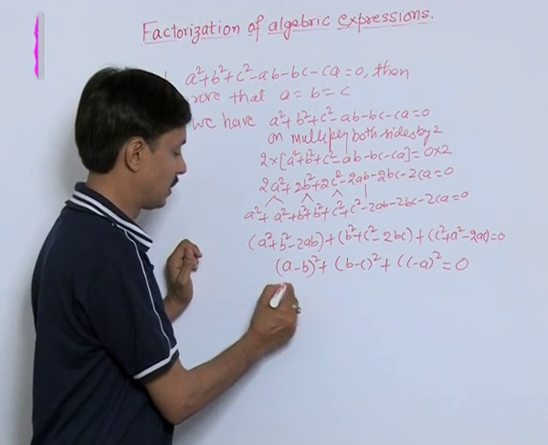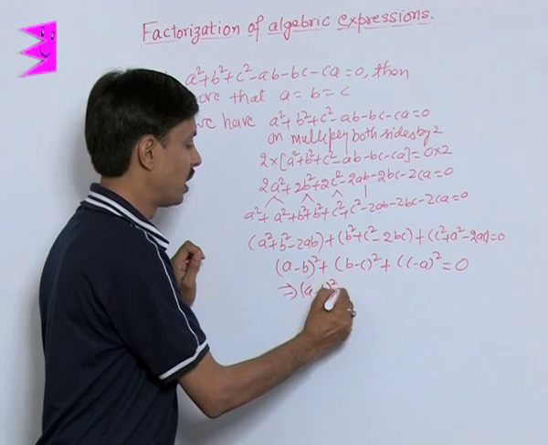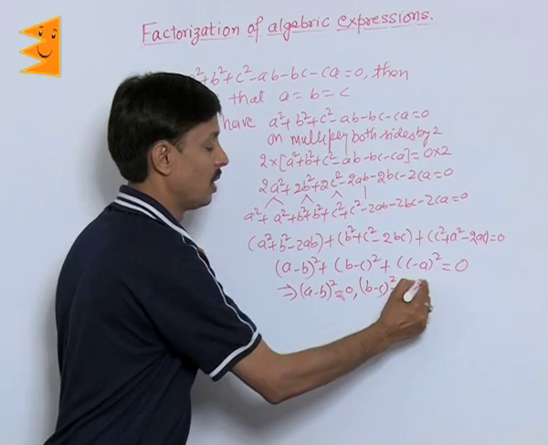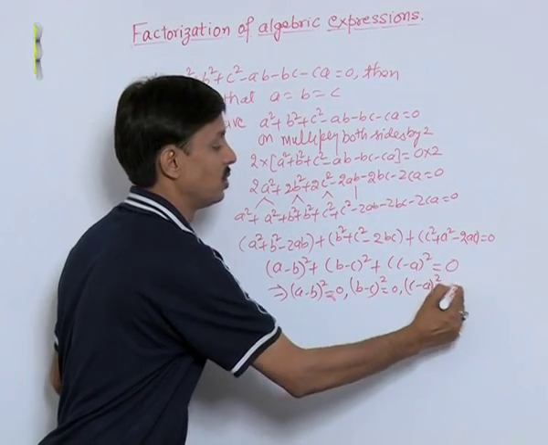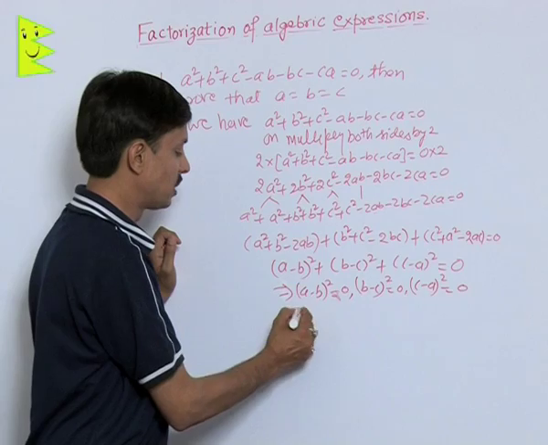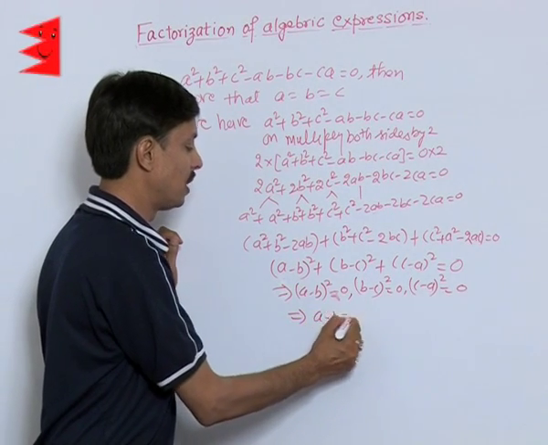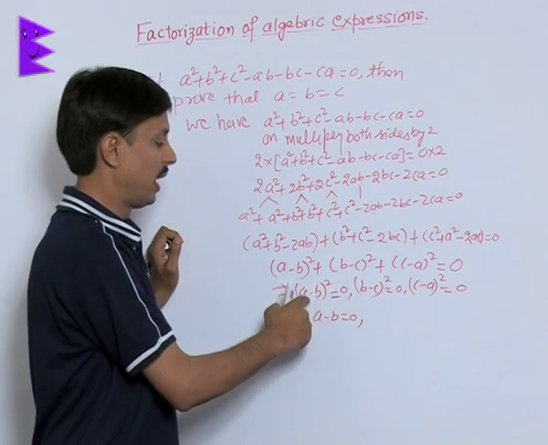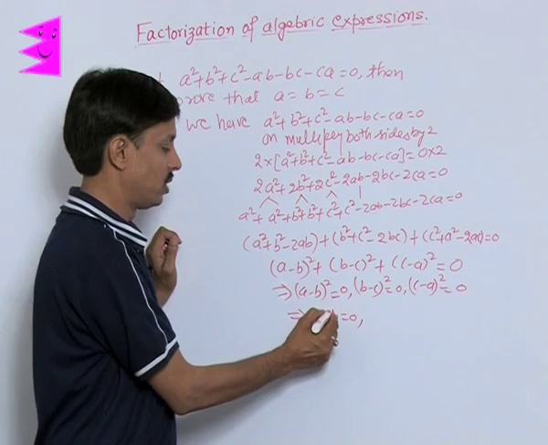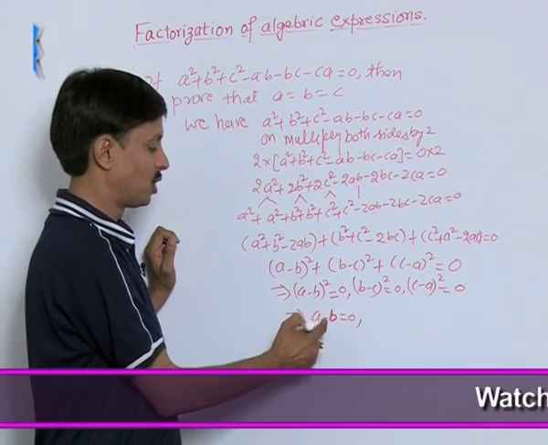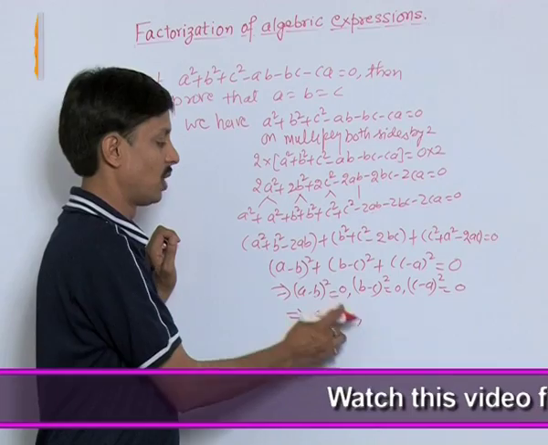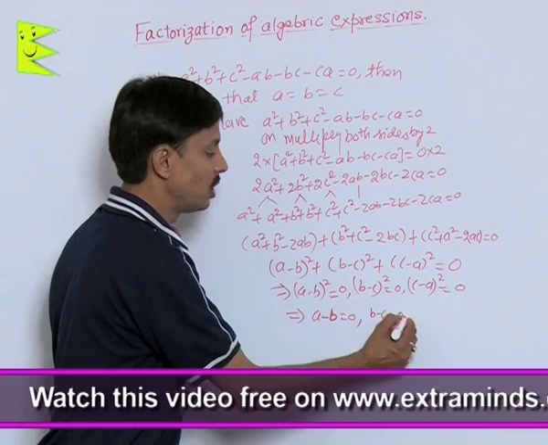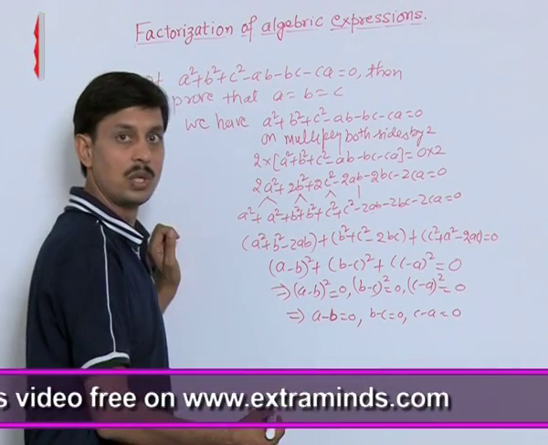So this implies a minus b whole square is 0, b minus c whole square is 0, and c minus a whole square is 0. Meaning, we can say a minus b is equal to 0, because a whole square is 0 only and only when the number inside the whole square is 0. That is, a minus b whole square being 0 is possible only if a minus b is 0, otherwise a whole square can never be 0. Similarly, you can say b minus c is 0 and c minus a is also 0.